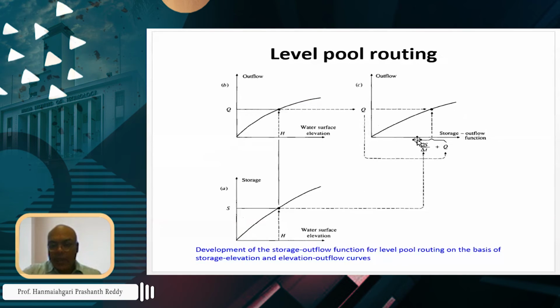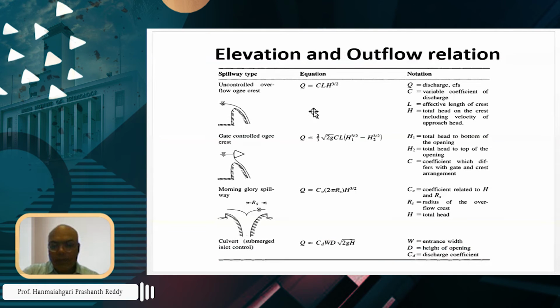This is the method to determine the storage outflow function, because this plot A, that is storage versus water depth in the reservoir, is known. Then we also know the outflow discharge versus depth of the water in the reservoir. How do we know this relation, that is B? Because that is given by the spillway equations.